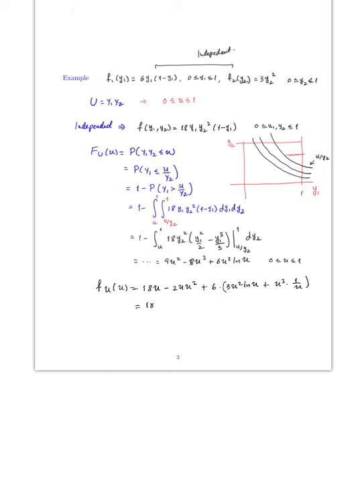And then this will be 18u minus 24u squared plus 18u squared ln u plus 6u squared, and then you can combine this more if you want, but this is okay. Okay, so that's it for this method.